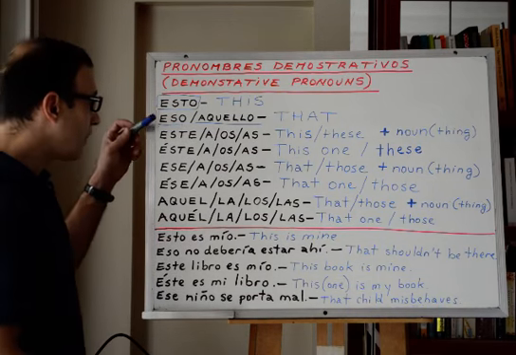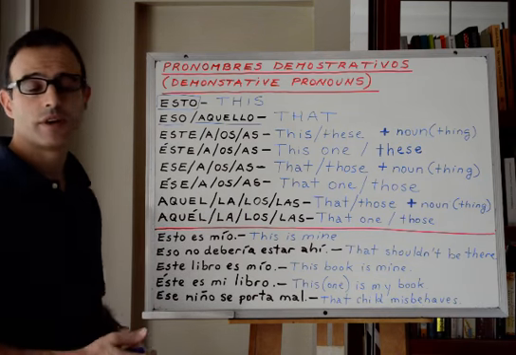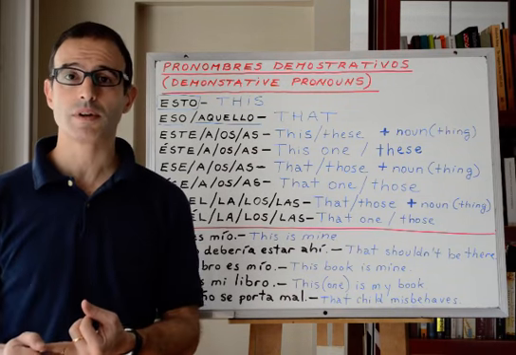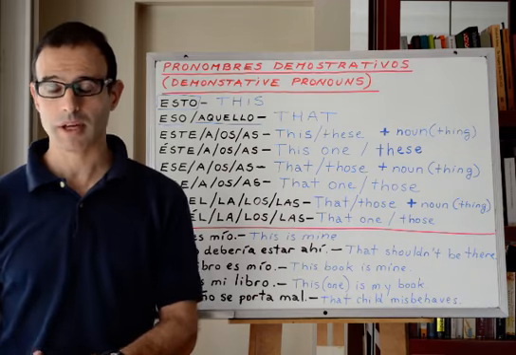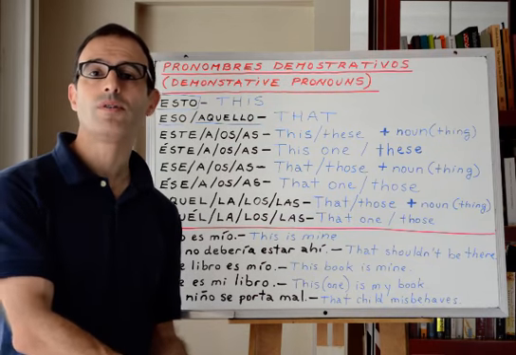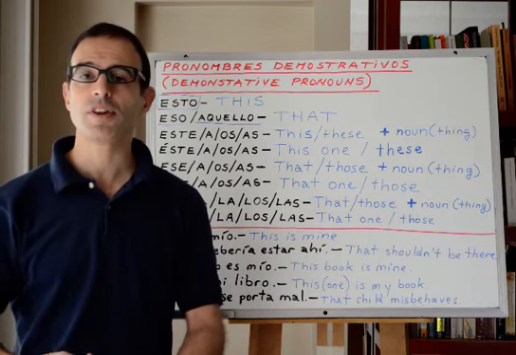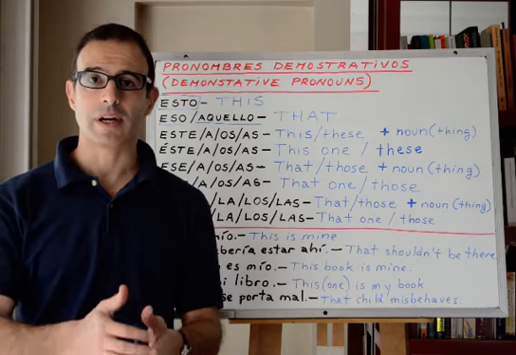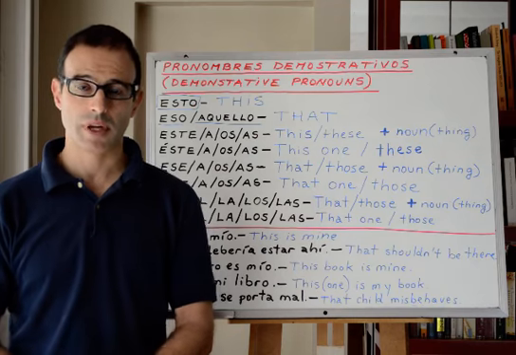Okay? Now these admit a variation depending on whether they are referring to something that is masculine or feminine, singular or plural, okay? You know that in Spanish the nouns are either masculine or feminine. It has nothing to do with sex or gender. It just has to do with a categorization of the words, okay?